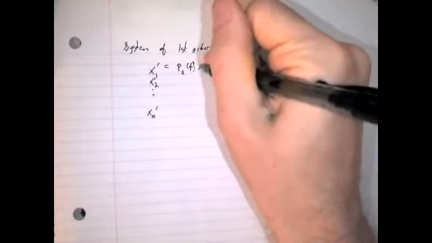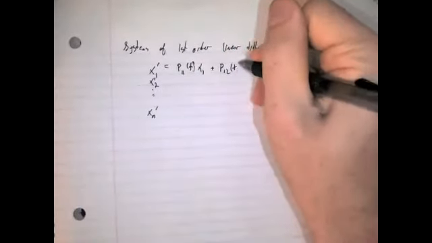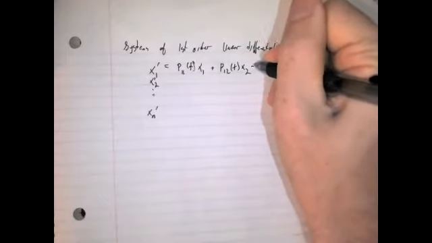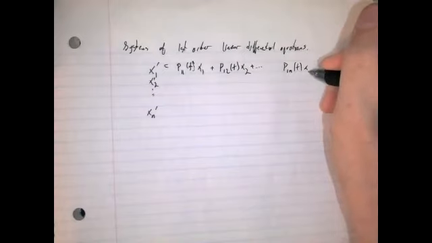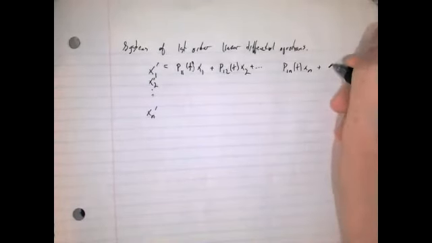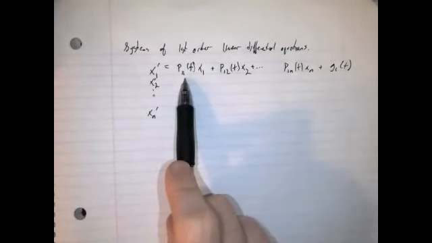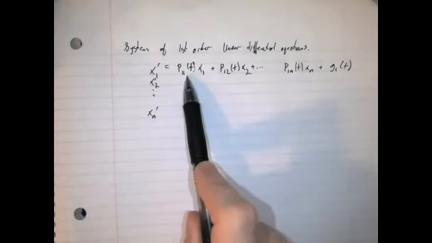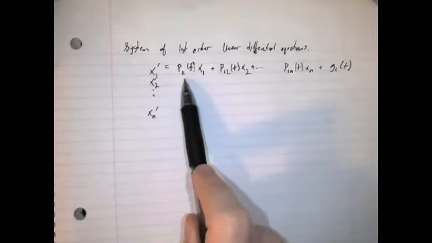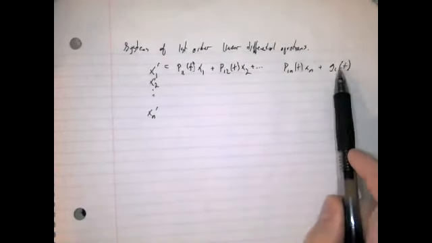I want some function of t, which I'll call P11 of t times x1, plus P12 of t times x2, plus all the way up to P1n of t xn, plus g1 of t. Right? I just want coefficients in front of each of the functions that only depend on t. This is some function only depending on t, and at the very end, I'm allowed to add some function which is only depending on t.